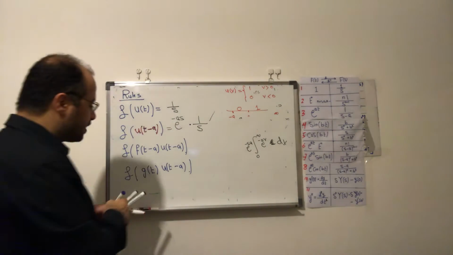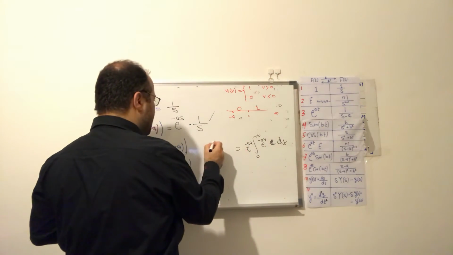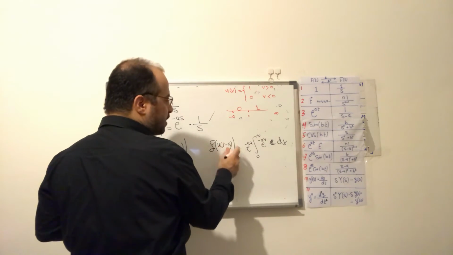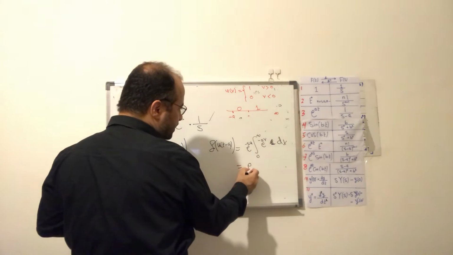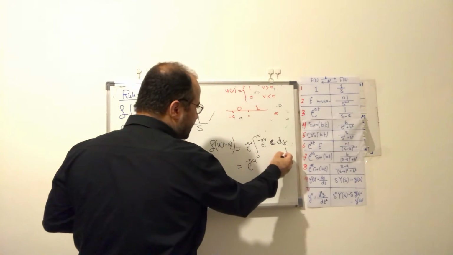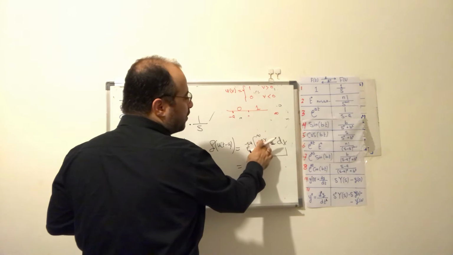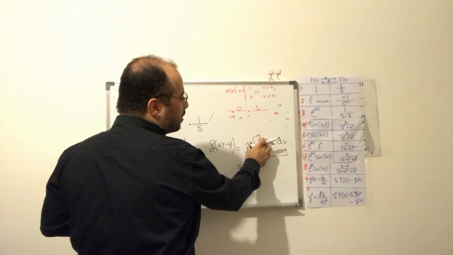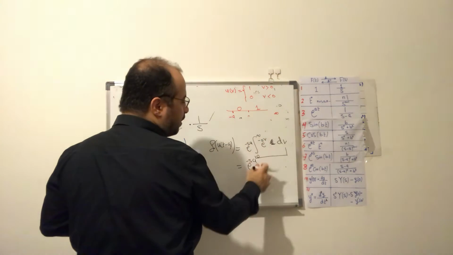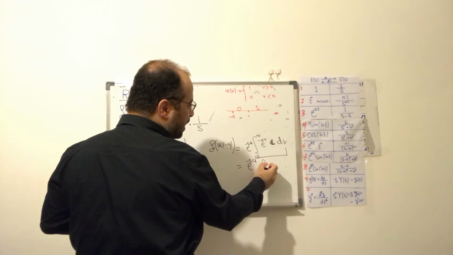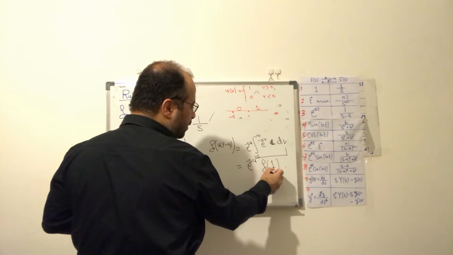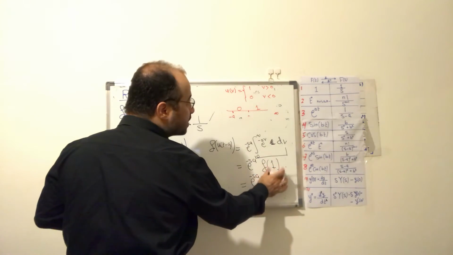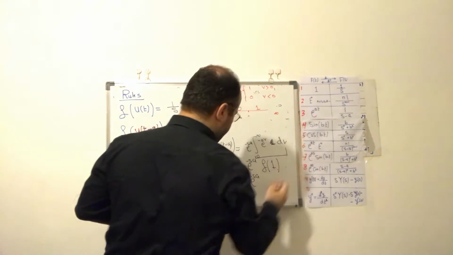So when you need the Laplace transform of u of t minus a, you get e to the minus sa times this integral. V is a dummy variable here, so it does not matter whether you call it v or t. For this reason, this thing is the Laplace transform of the number 1, so you get e to the minus sa times 1 over s.